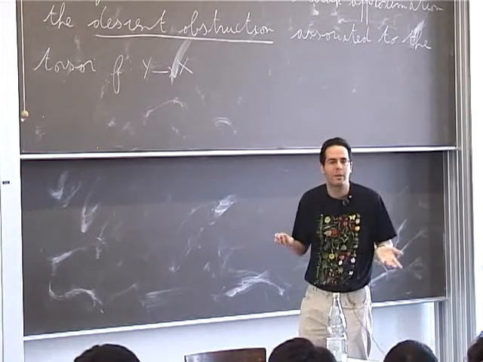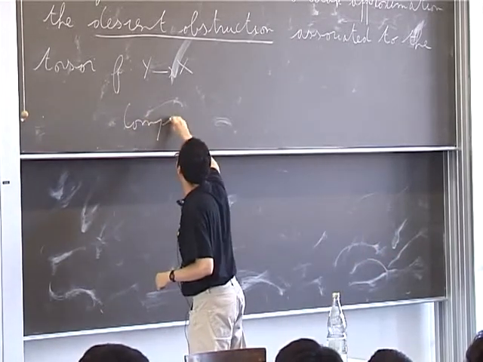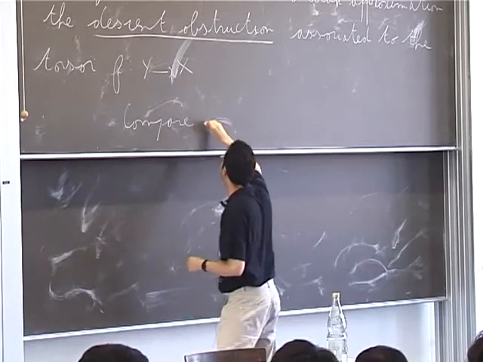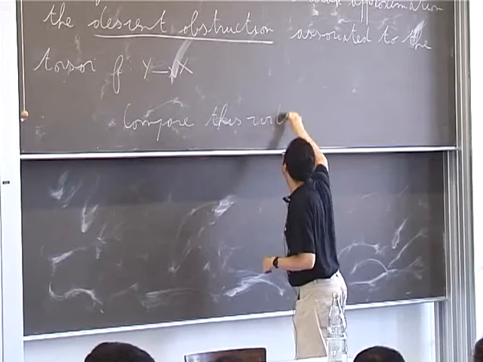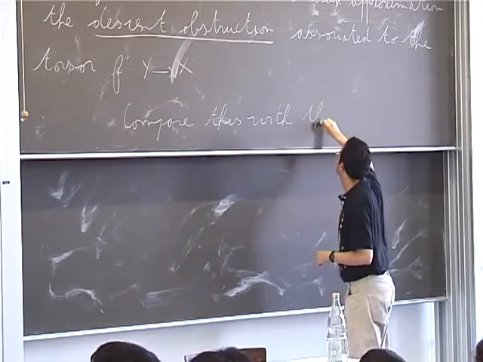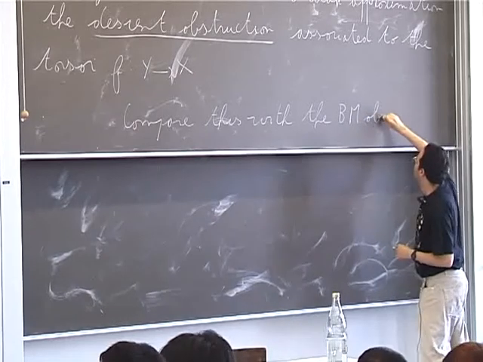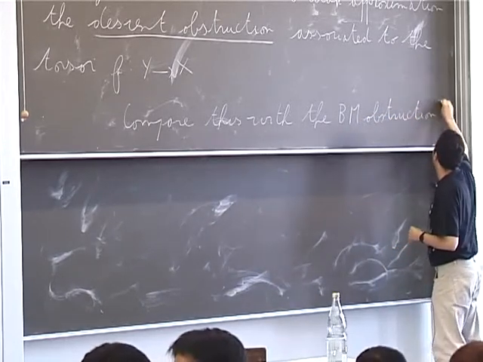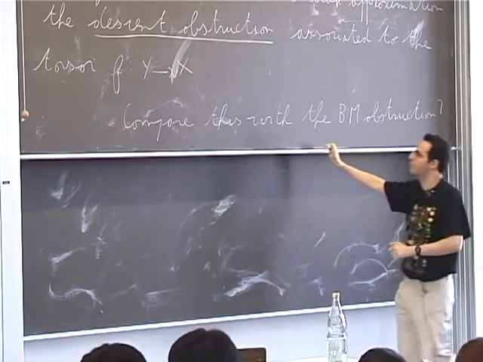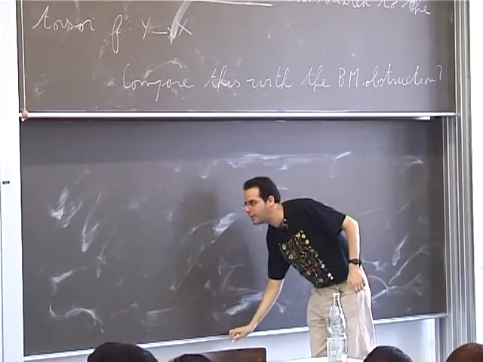And now the question is, compare this obstruction with the classical Brauer-Manin obstruction. So today I'm not going to give a general answer to this question, but I will give examples.